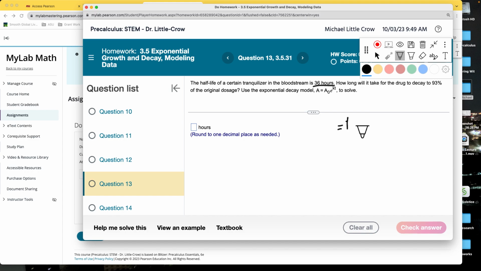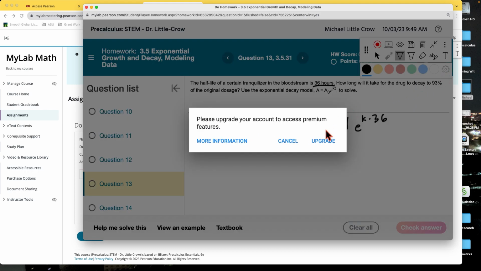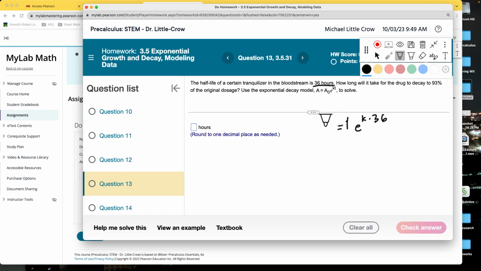After 36 hours, e to the k times 36 hours, we're going to have 0.5. We don't really need that 1 there, because 1 times anything is itself, so we'll save a step.